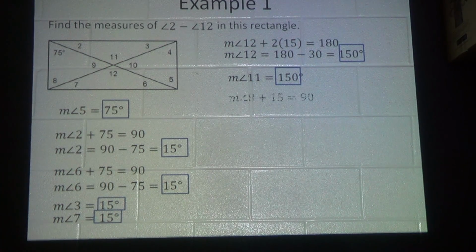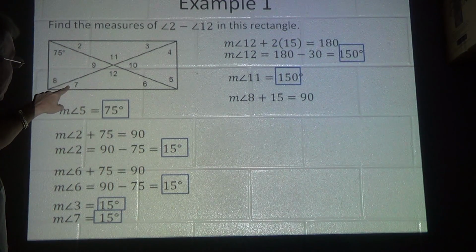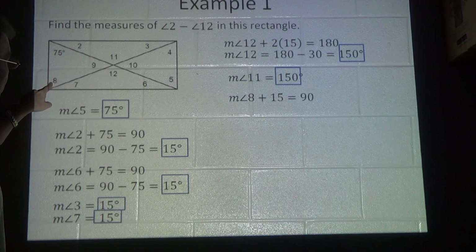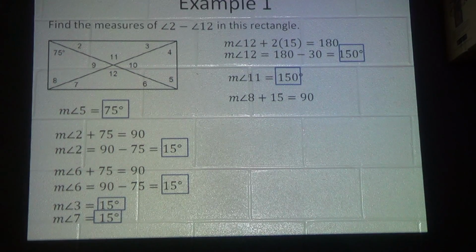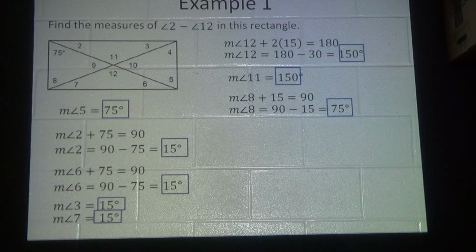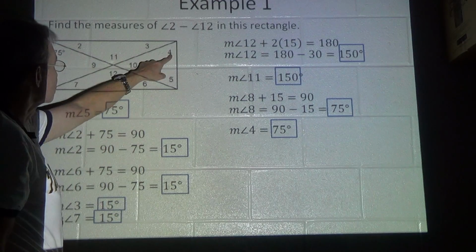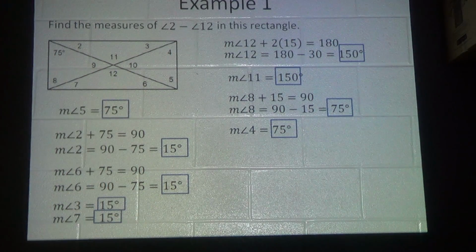Okay? That also means that we can find the measure of angle 8. Once again, we know this one's 15, so if we put these together, this one has to be 75. Okay, and that's what they did right here. Angle 4 has to be 75 because, once again, they're alternate interior angles.